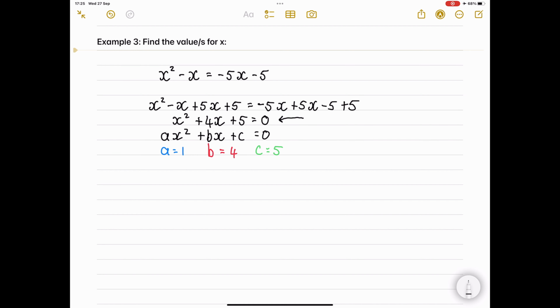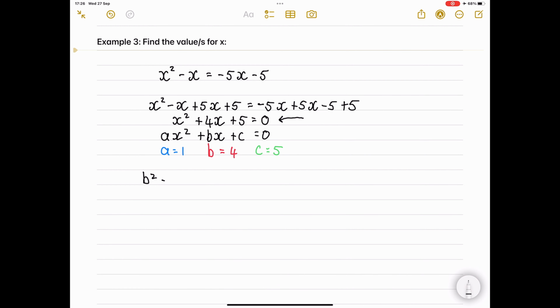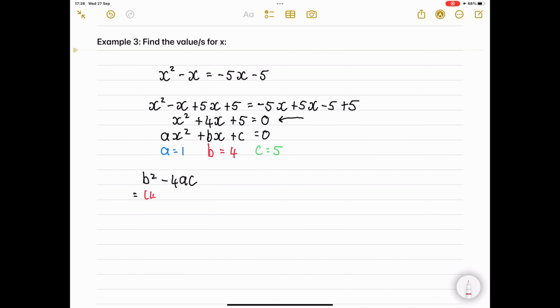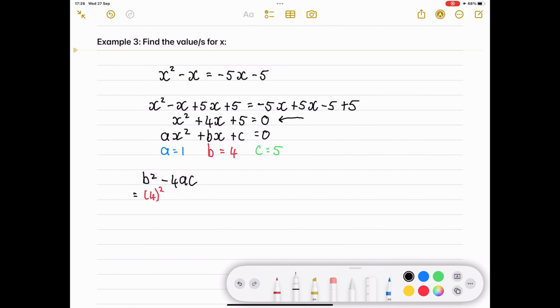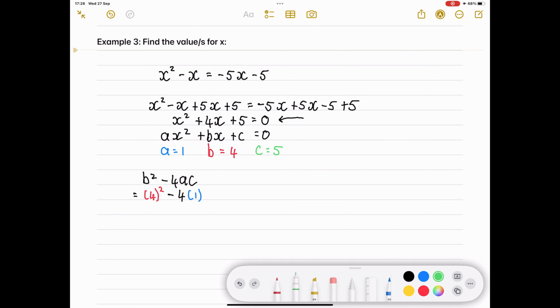But firstly, just before you use your quadratic formula, you want to find the discriminant. b squared minus 4ac. When you plug all of your values in, b is 4, a is 1, and c is 5.